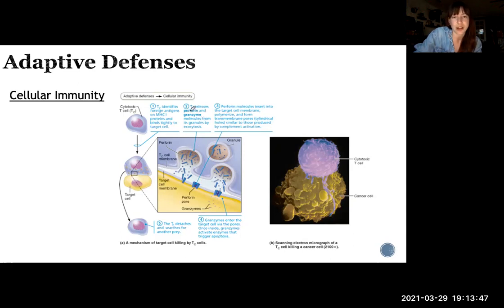Either way, it binds to that target cell, and then it's actually going to inject what are called perforins, which actually perforate the membrane, okay? So they go in and they form granules and they cause apoptosis of the target cell, okay?